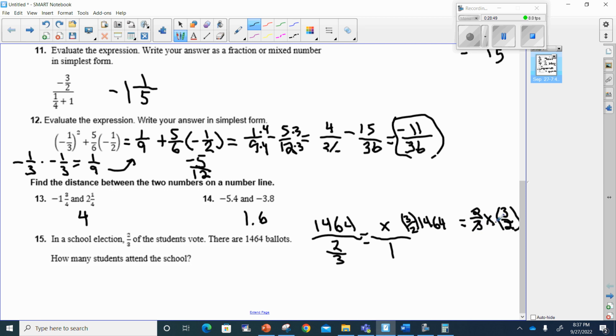So this is crossed out, this is crossed out, and I have x left over. And now I have to take 1,464, multiply it to 3, and divide it by 2. Or I could say, what's half of 1464? Because I can go ahead and divide the 2 out since it's on the bottom. Well, 2 divided by 2 is 1. And 1464 divided by 2 is 732.